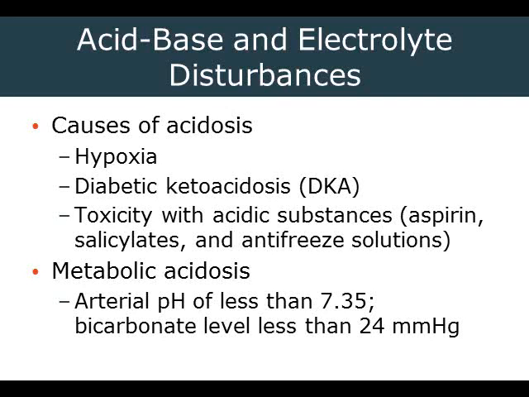So a metabolic acidosis would mean that the body became acidic from a longer-term process in which the body has started to not be able to control its acids. We may have a respiratory acidosis.